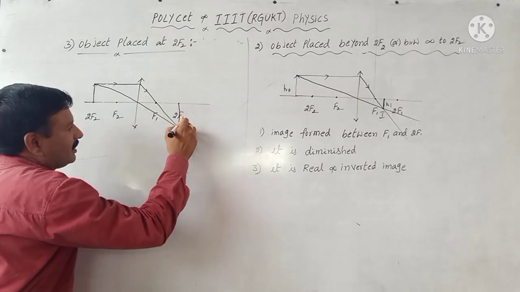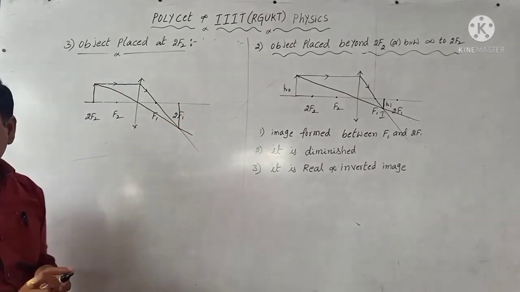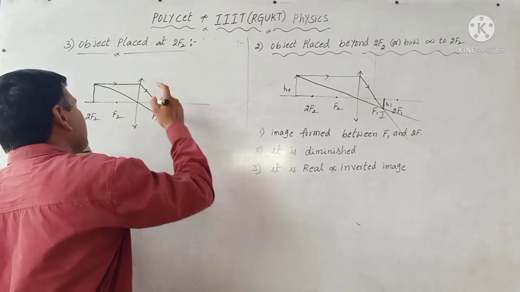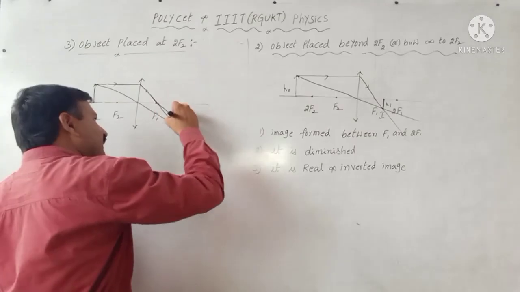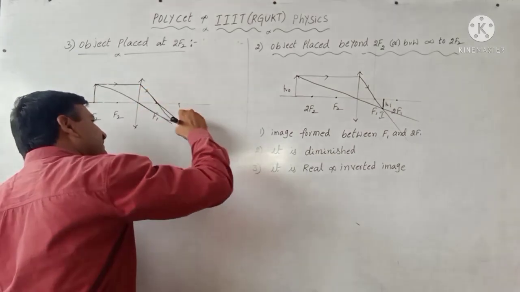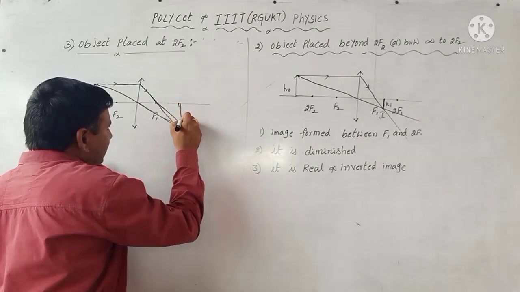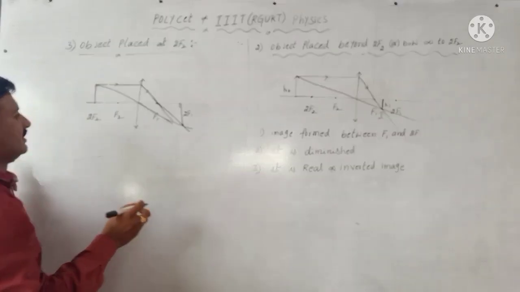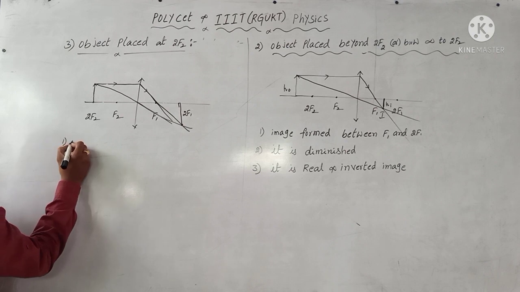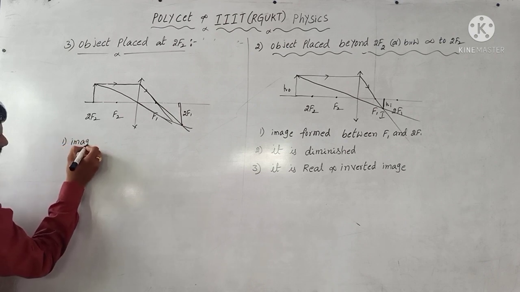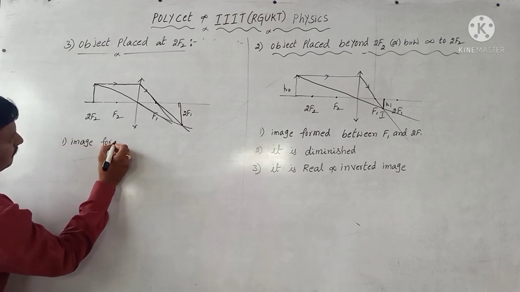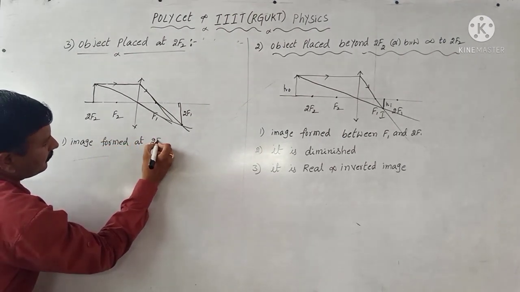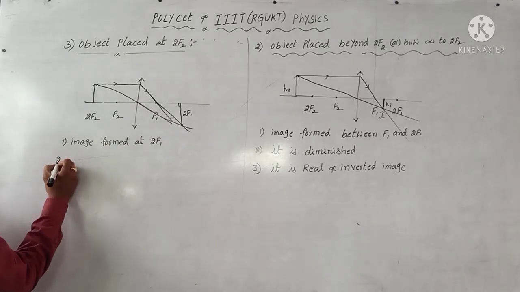So you observe, height of object is equal to height of image. Where the two lines intersect, the image is formed at 2f1.